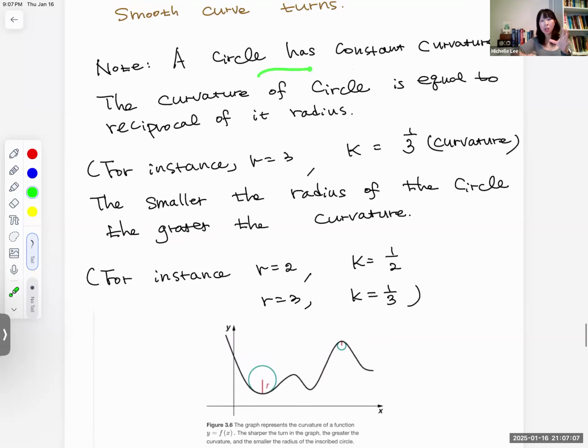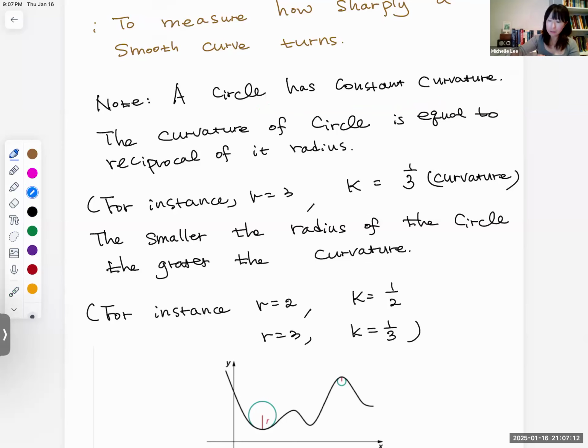A circle has a constant curvature, right? And the curvature of a circle is equal to the reciprocal of its radius. Let's denote curvature as K. So K equals 1 over R. So a smaller radius of a circle means greater curvature.